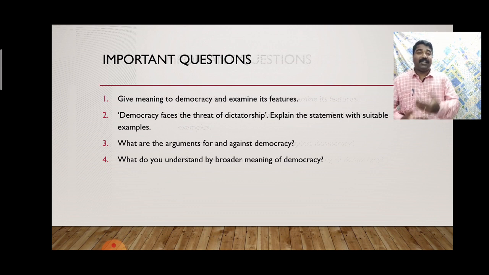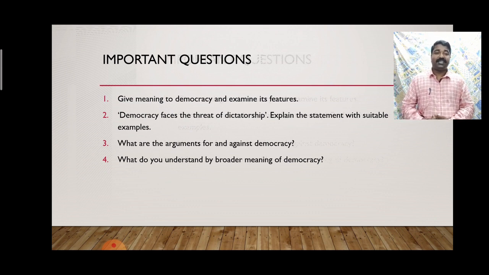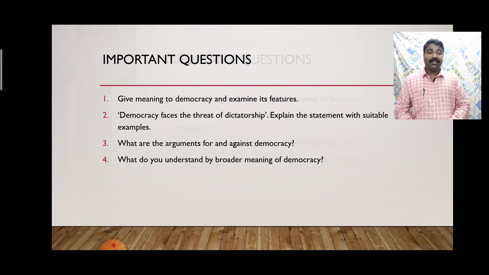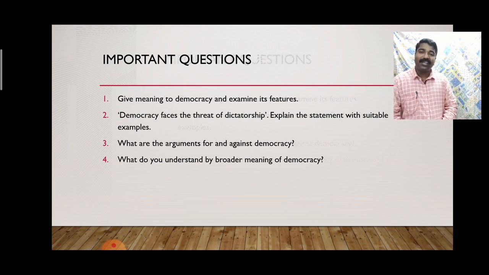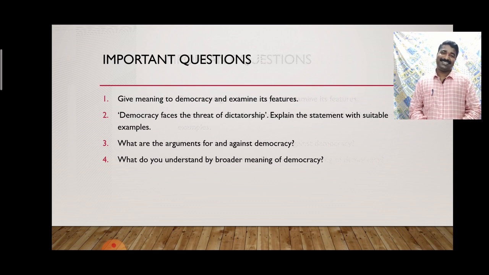Then, democracy faces the threat of dictatorship: explain the statement with suitable examples. What are the arguments for and against democracy? The last one: what do you understand by the broader meaning of democracy?